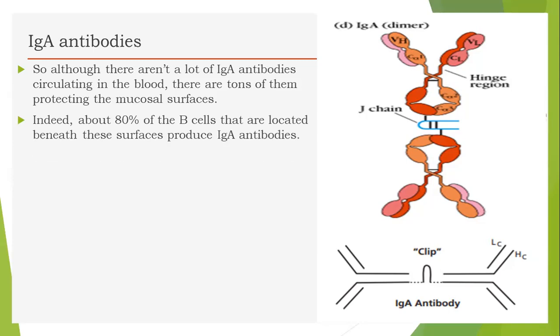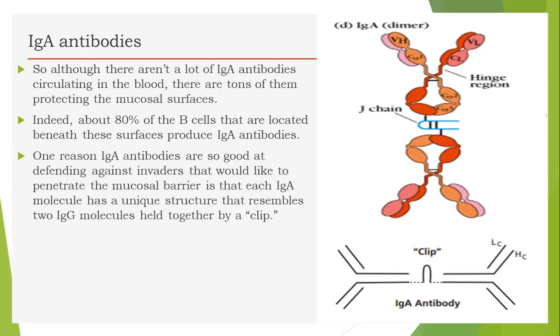In terms of classification of the population of B cells, about 80% of the B cells located underneath the mucosal surfaces produce immunoglobulin A. So imagine all the B cells under these particular surfaces, 80% produce immunoglobulin A. And that makes immunoglobulin A one of the most abundant immunoglobulins.